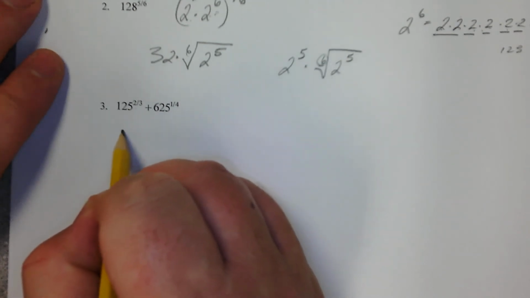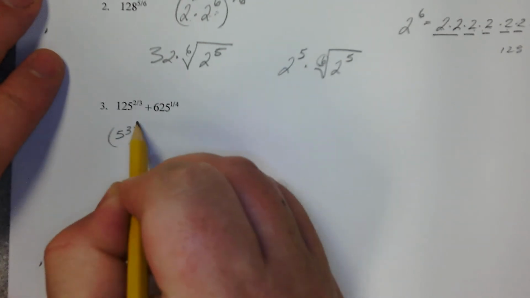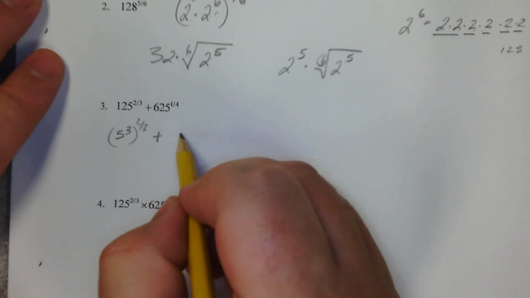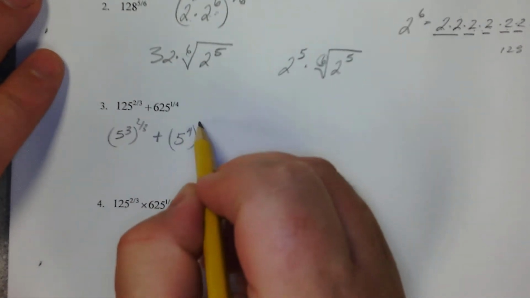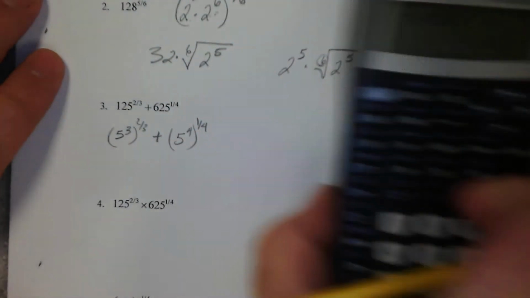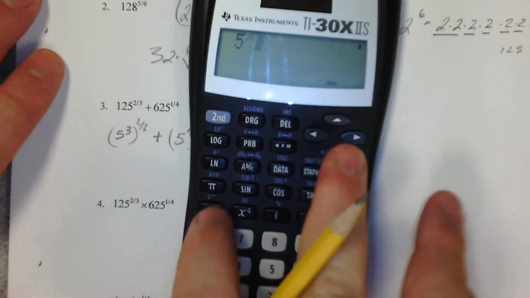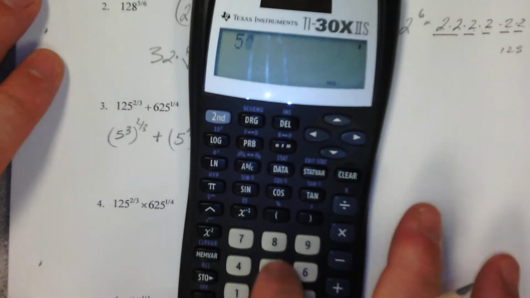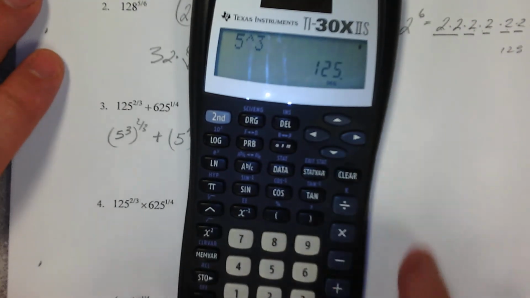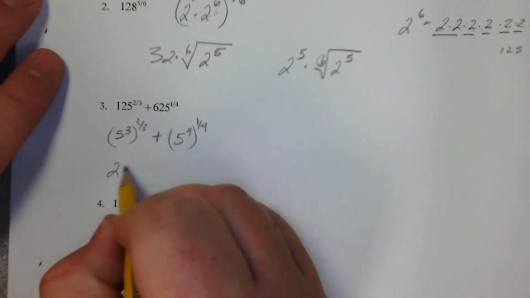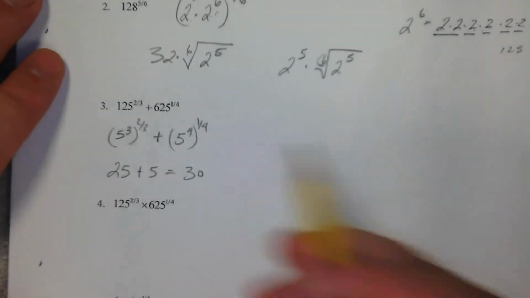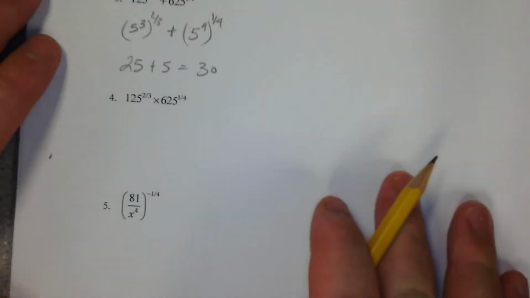Well, I happen to know that 5 cubed is 125. And I happen to know that 5 to the power of 4 is 625. See, look, 5 to the power of 4. Look at that. 5 to the power of 3. So look, this is 25, and this is 5. That's 30. See, you just multiply, just reduce, boom, done.